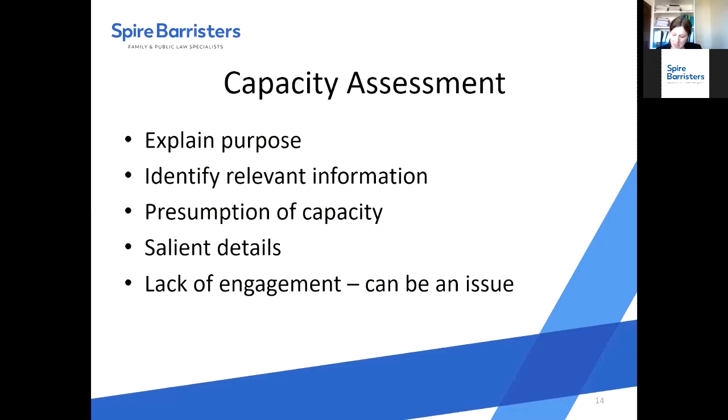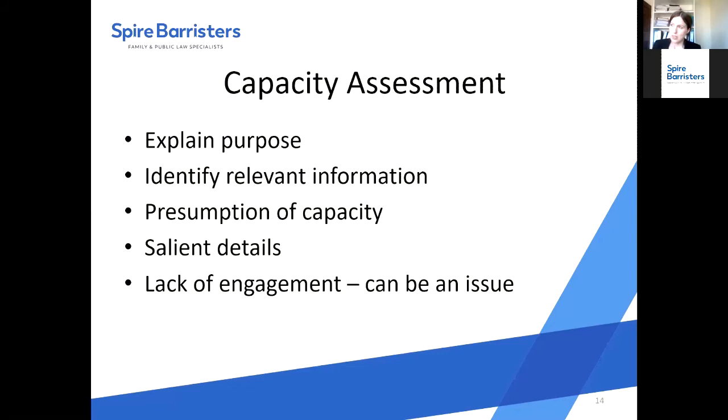There's a case, Re P from 2014, where Mr. Justice Cobb said that it seems to me that patients' lack of engagement or cooperation with the assessment may contribute in itself to a conclusion that a patient is unable to understand the information relevant to the decision, and or unable to use or weigh, but it depends on the circumstances.